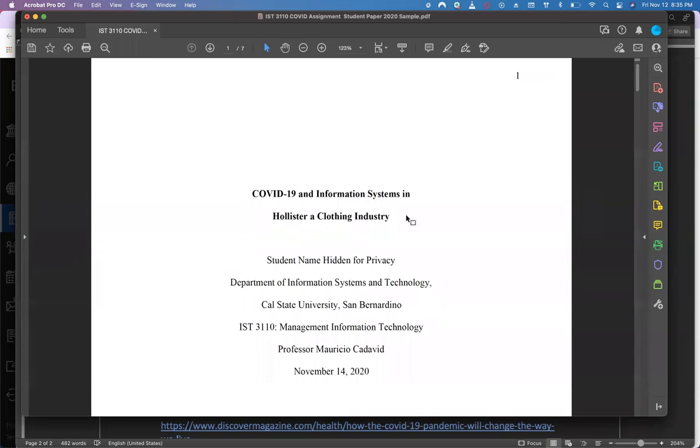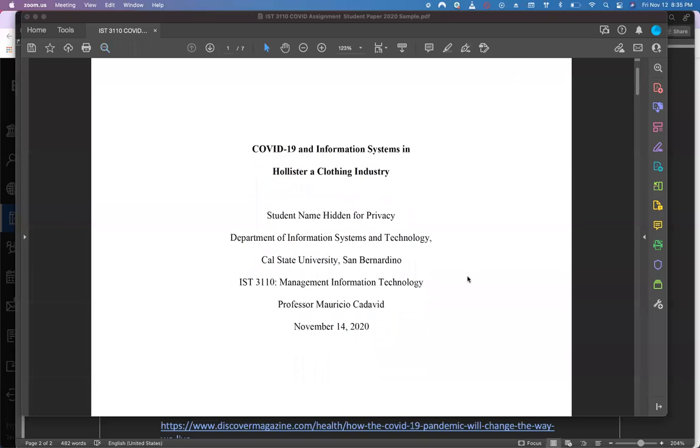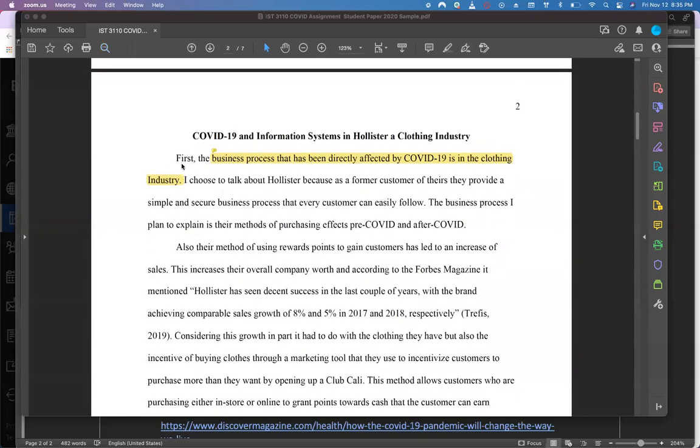Sorry about that. Okay, so this particular student wrote about Hollister, in the clothing industry. It's APA. It's got the title page. We go with a heading, and it's very good.